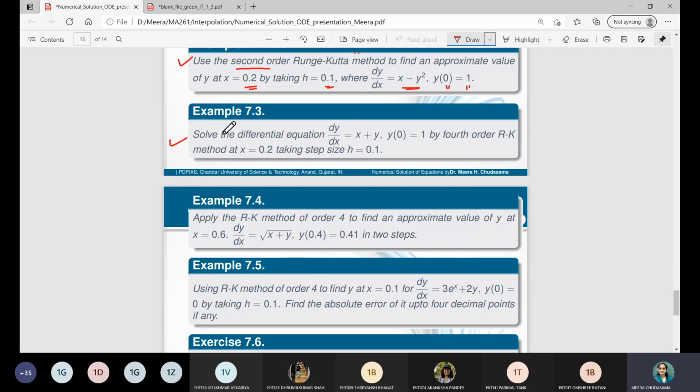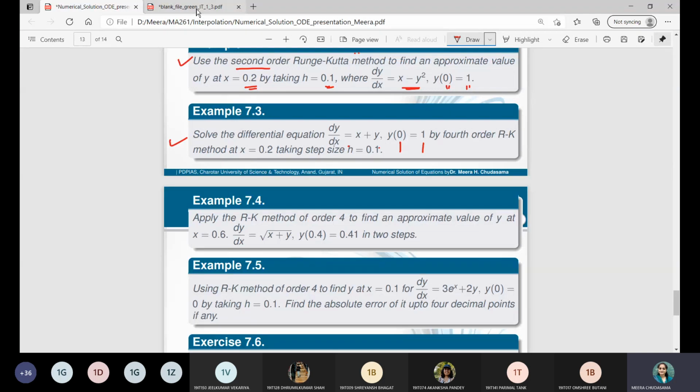So right now I am considering this example 7.3, for which we are asked to find the solution of this linear differential equation by the given initial condition, x0 is 0, y0 is 1, by the fourth order RK method at x is equal to 0.2, taking step size h is equal to 0.1.